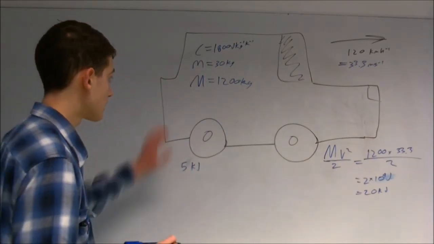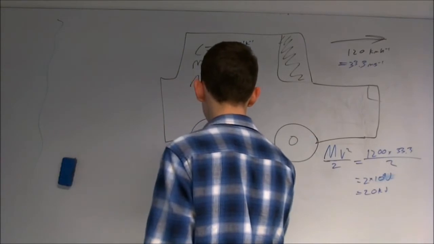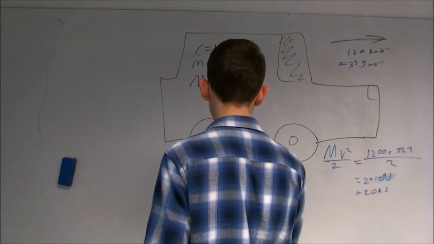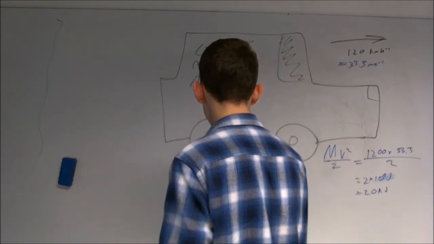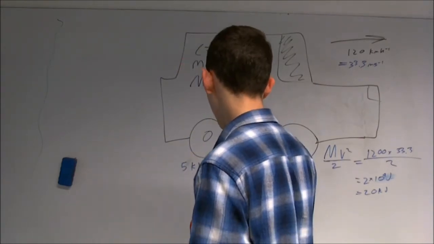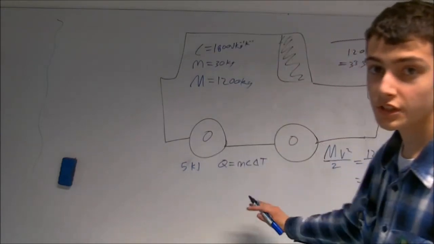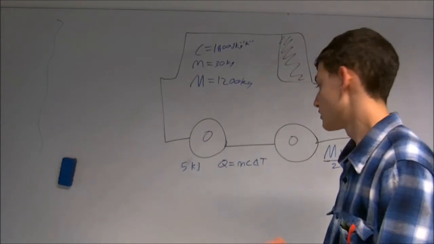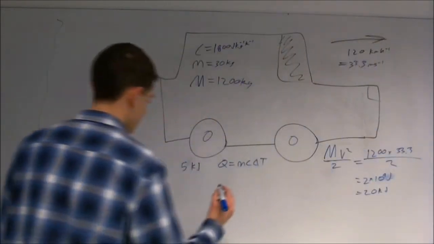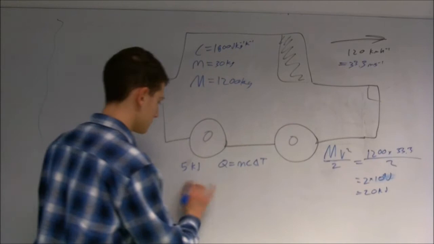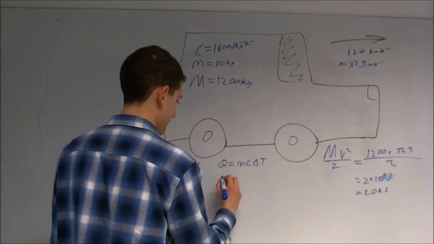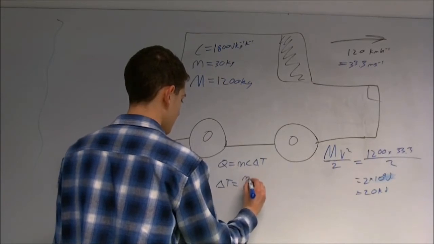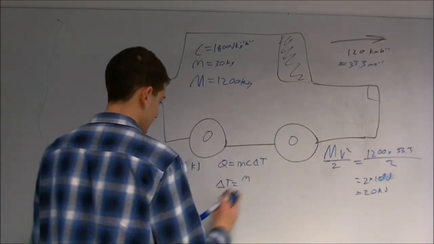We know M, we know C. What is delta T? So we rearrange for that using algebra. Delta T equals Q over MC.